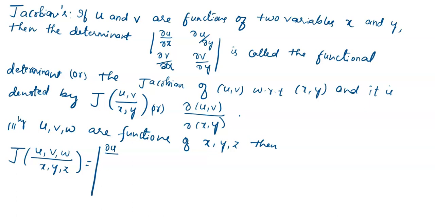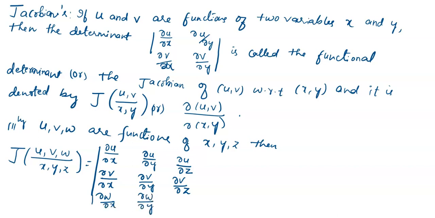In the first row, it is dou u by dou x, dou u by dou y, dou u by dou z. Second row elements are dou v by dou x, dou v by dou y, dou v by dou z. Third row elements are dou w by dou x, dou w by dou y, dou w by dou z.